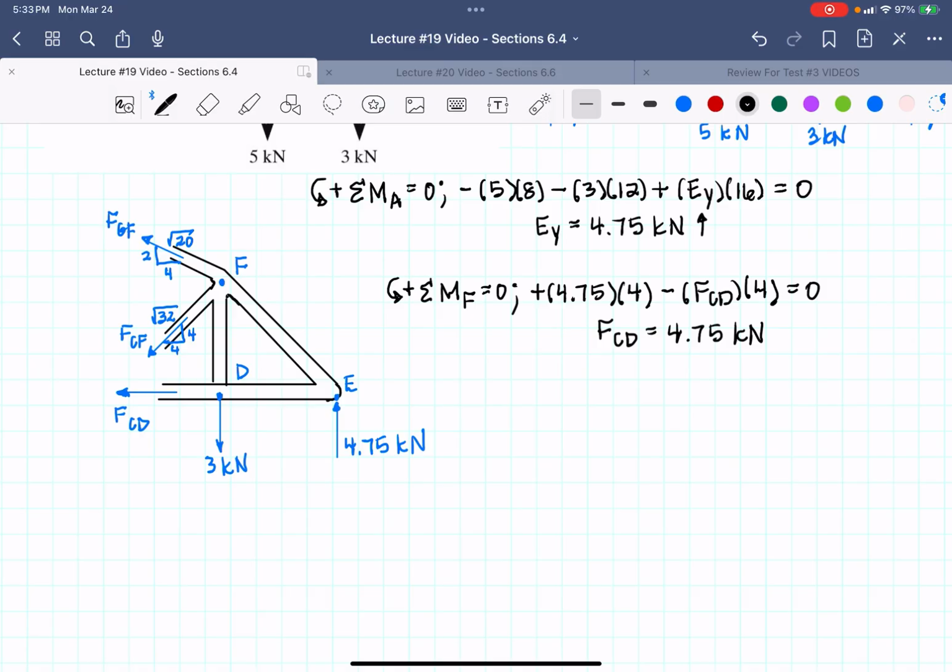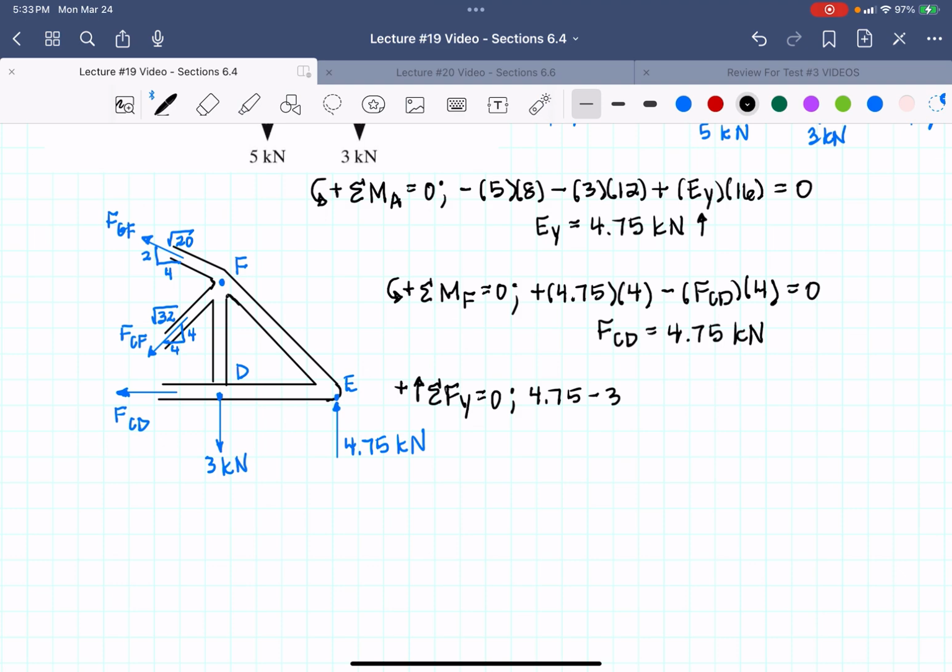So I'm just going to start out with the forces. I'm going to sum the forces in the y direction. But it doesn't really matter. We could do the x direction. So we're going to have, in the y direction, we've got 4.75, got negative 3.